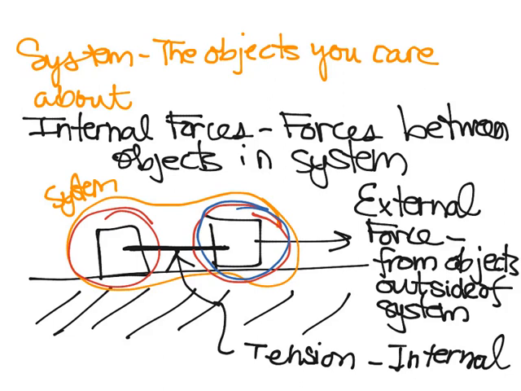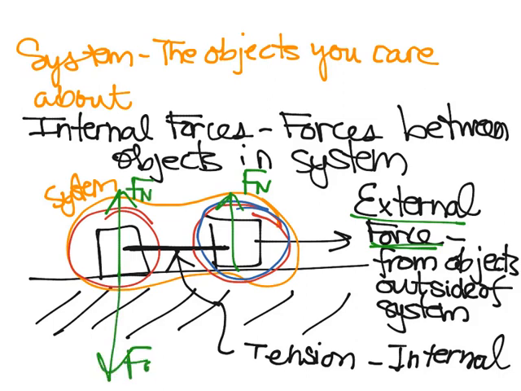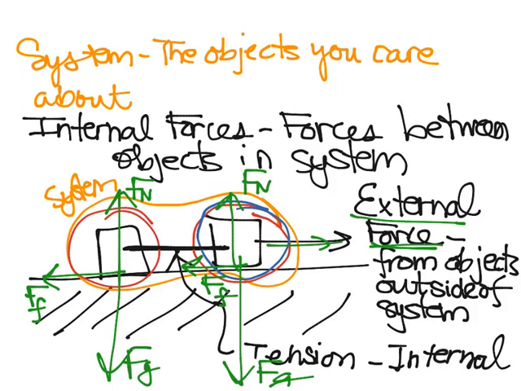For example, and external forces, I'll make those green. The normal force from the table on both blocks, those will both be external forces. Fg from gravity on each block will be external forces. The force of friction on each block is from the table, so those are external, and the applied force will be external.